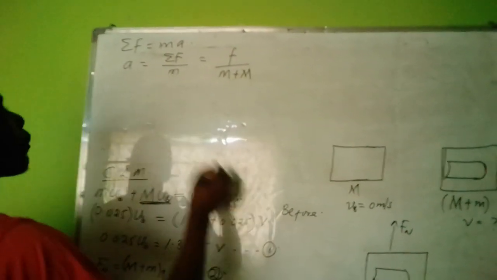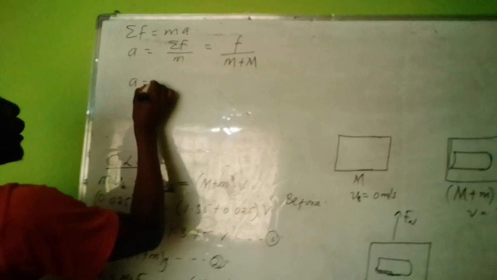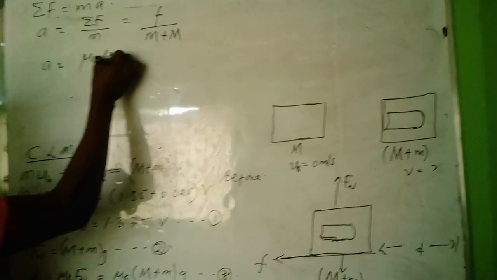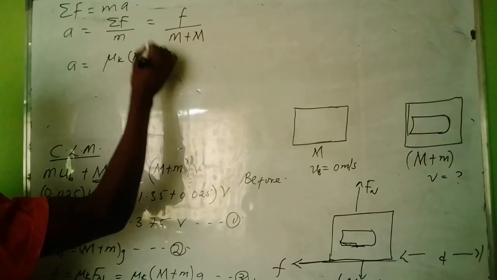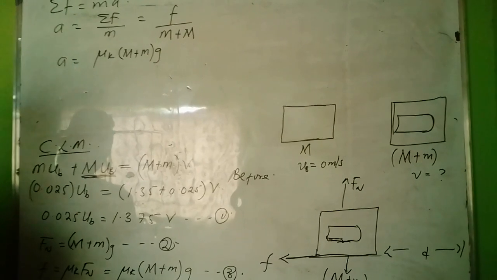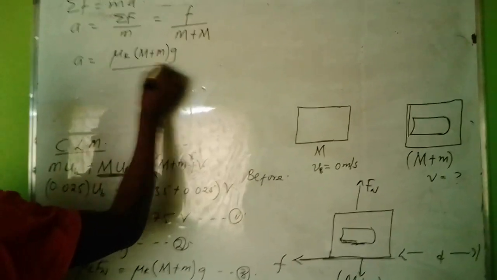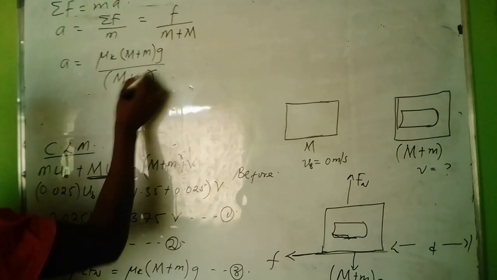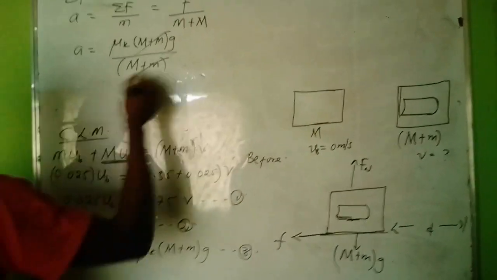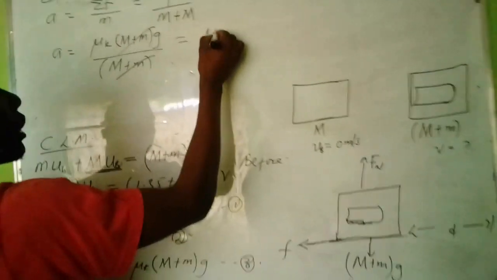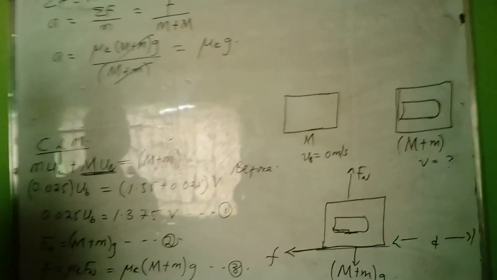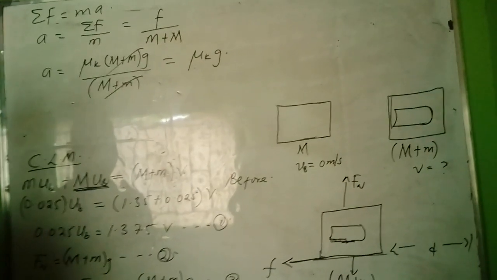So acceleration equals the friction, which is mu k (m plus M) g, over m plus M. So the masses cancel, and the acceleration is basically the coefficient times gravitational acceleration.